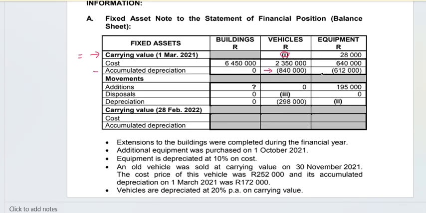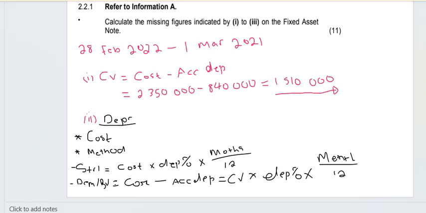When they're saying calculate depreciation, you must have, in your totalings of depreciation, what is so-called remaining or old.